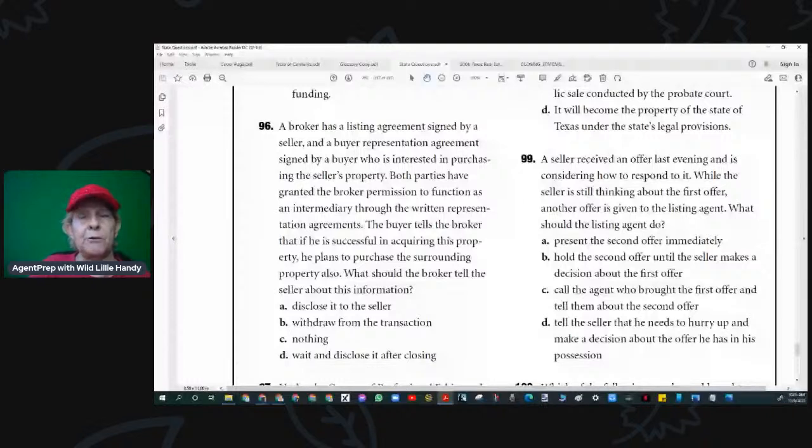The buyer tells the broker that if he is successful in acquiring this property, he plans to purchase the surrounding property also. What should the broker tell the seller about this information? A, disclose it to the seller. B, withdraw from the transaction. C, do nothing. Or D, wait and disclose it after closing.